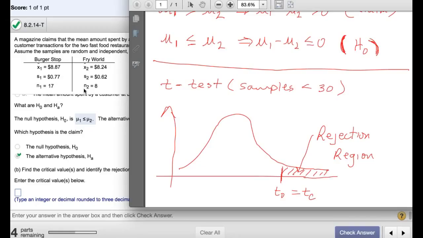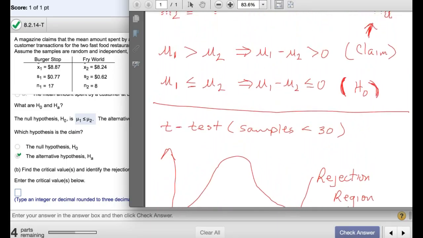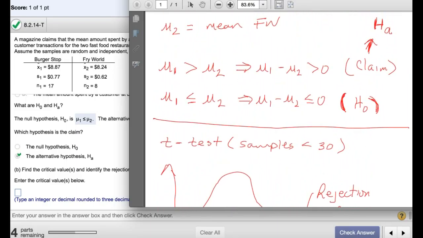Now, when doing a hypothesis test, we either have what's called a left-tailed test, a right-tailed test, or a two-tailed test. How you know which tail to use, a quick way is to look at whatever your alternative hypothesis is and see what the inequality sign is, and that'll tell you.